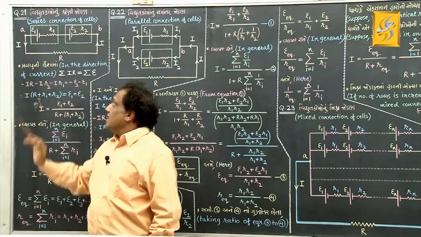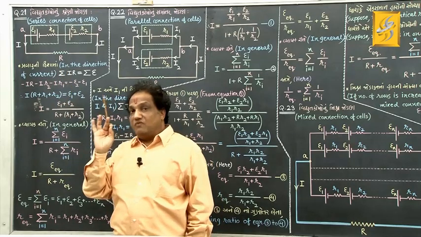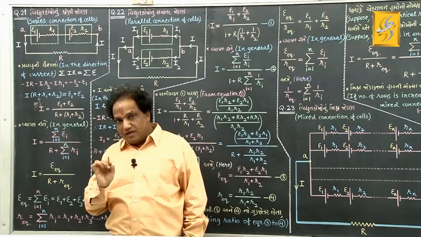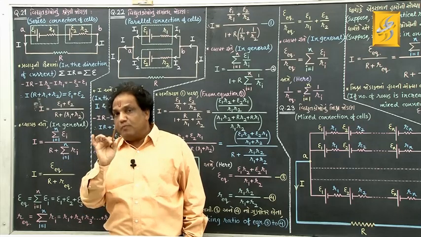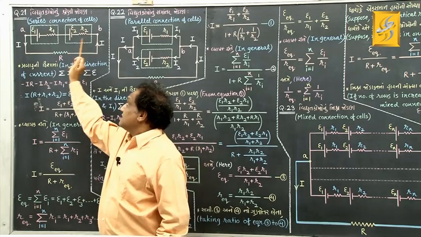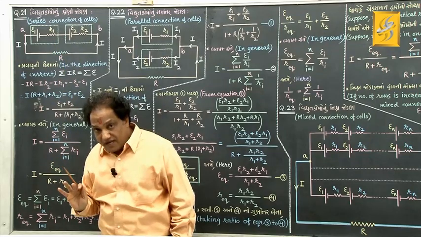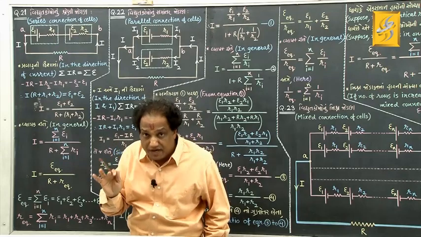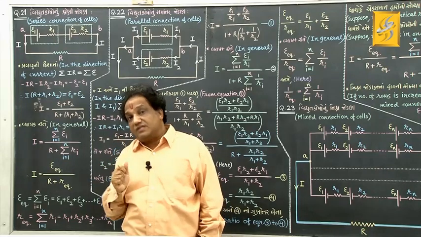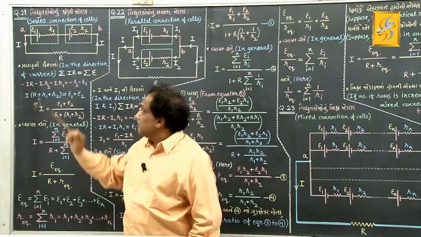Now here I want to make one point very clear. Whether it is informed to you or not, please consider all these cells connected in series definitely, but in an assisting manner. What is that assisting connection? I am showing you.